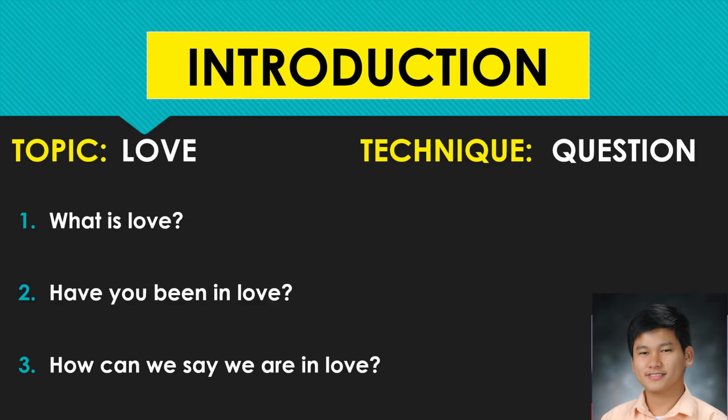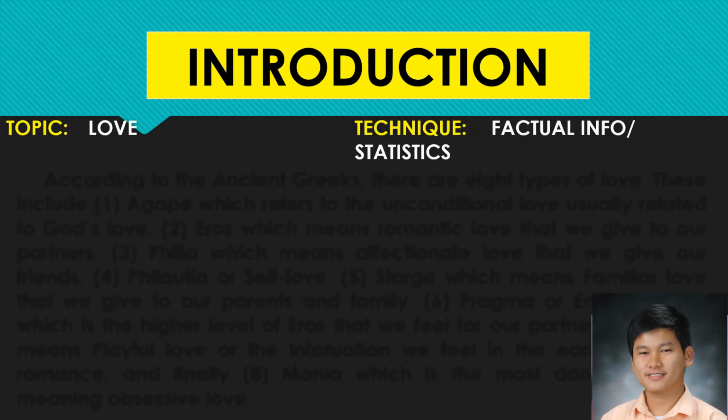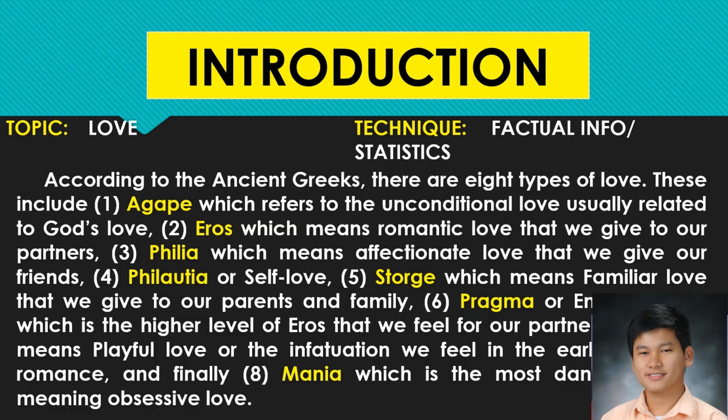Naiintindihan po. Okay. Next. What about the factual information or statistics technique? So, again, our topic is still love. Tapos, ang ginamit naman natin dito ay factual information or statistics. So, halimbawa, this one, it's a very long introduction, di ba?